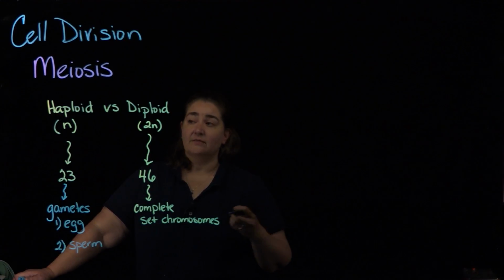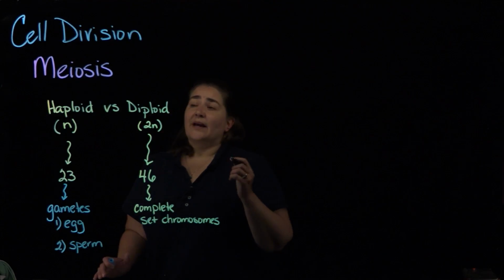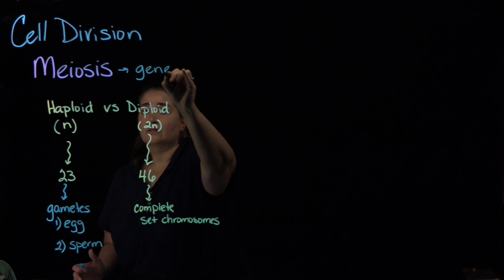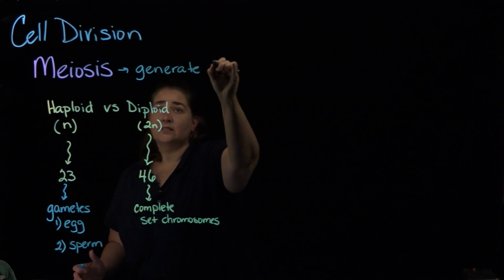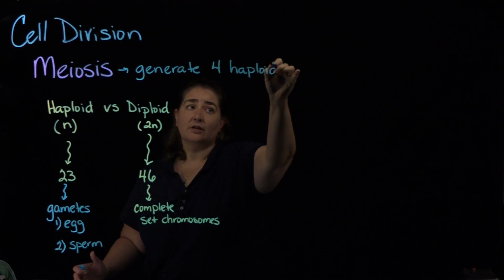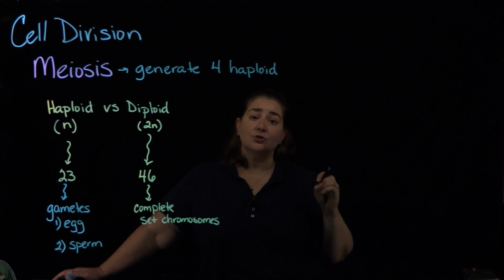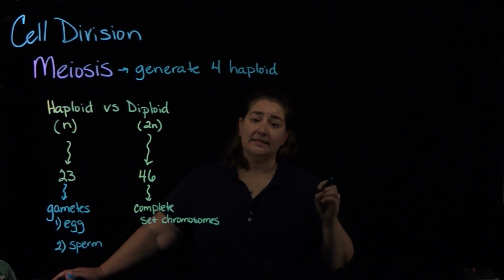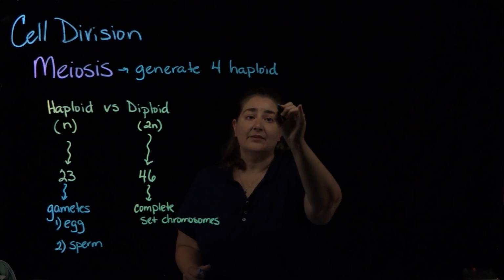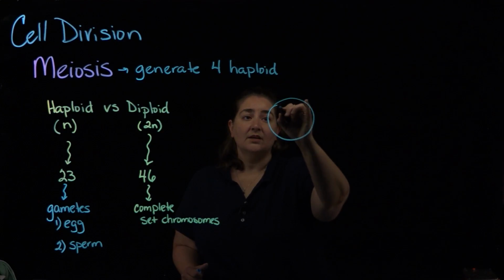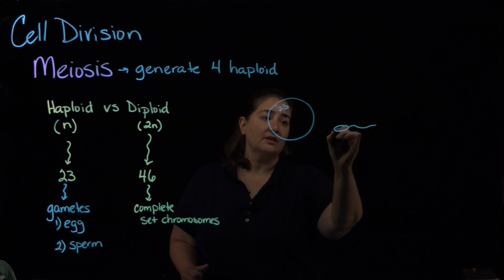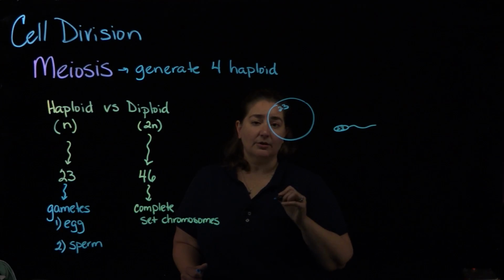The goal of meiosis is to generate 4 haploid cells. We need to reduce the number of chromosomes present in the gametes, because when the egg and sperm come together, we've got our egg with 23 chromosomes and our sperm with 23 chromosomes.